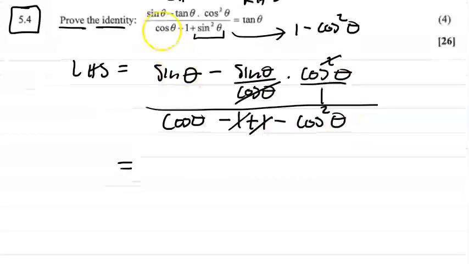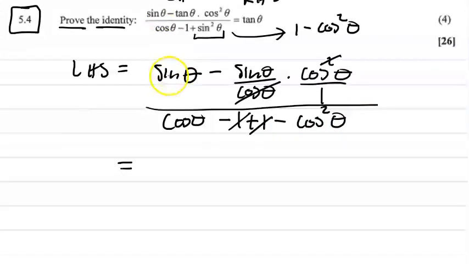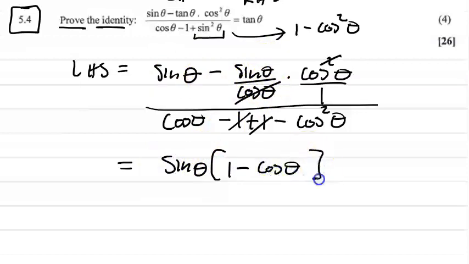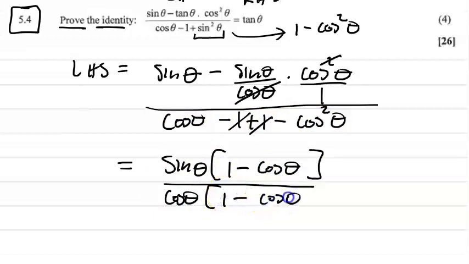So if you look very carefully, you'll be able to see that you got sine theta as a common factor on the top, which you can now remove, right? So you're going to be left with sine of theta into 1 minus cos of theta. And then over here, cos theta you can remove as a common factor there. Cos theta into 1 minus cos of theta.